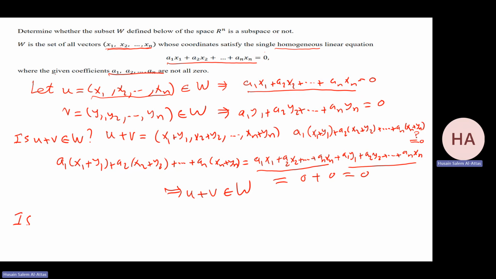Now I need to check the second one. Is cu in W? Do the same thing. Cu is what? Cx1, Cx2, up to Cxn.